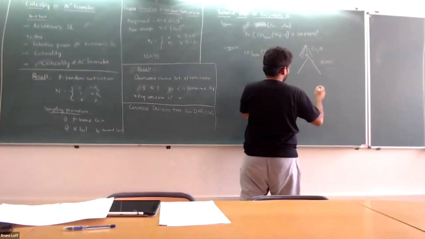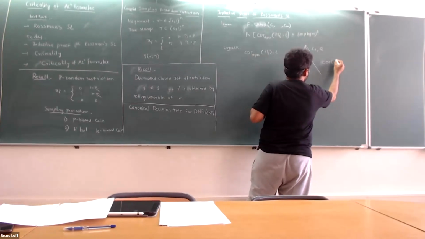At each branch here, we would plug in the canonical decision tree.